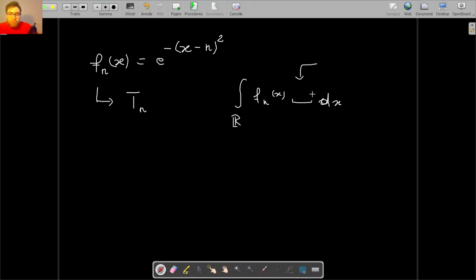Naturally, the input is not chosen randomly, but we choose functions from the space of test functions.